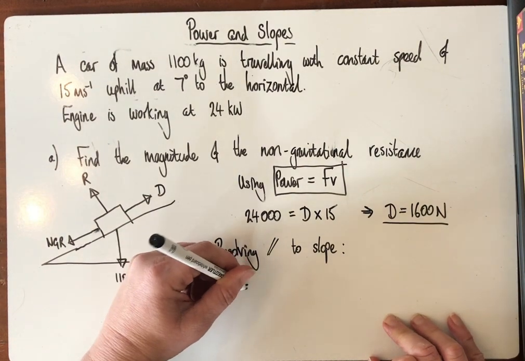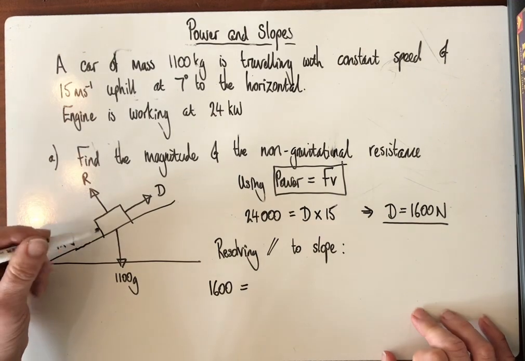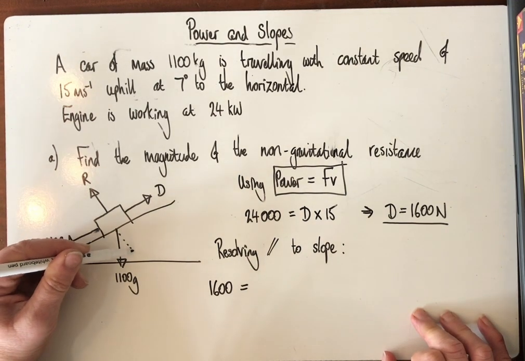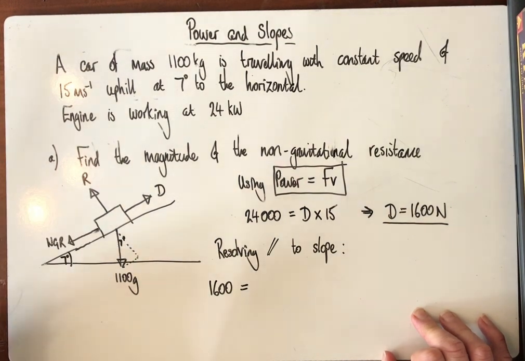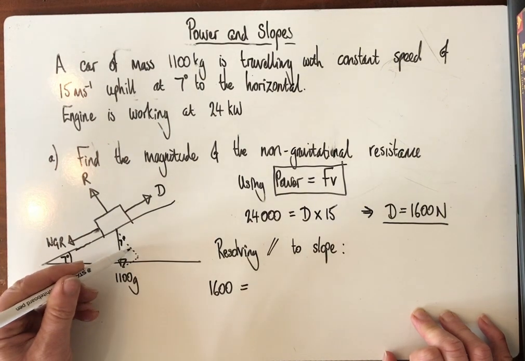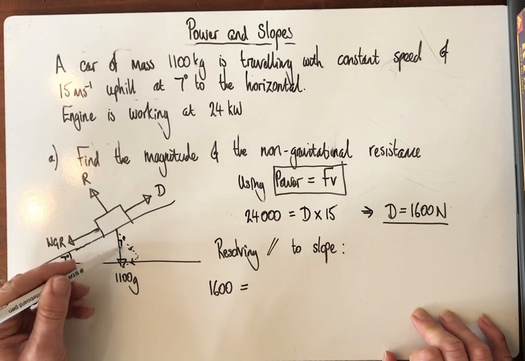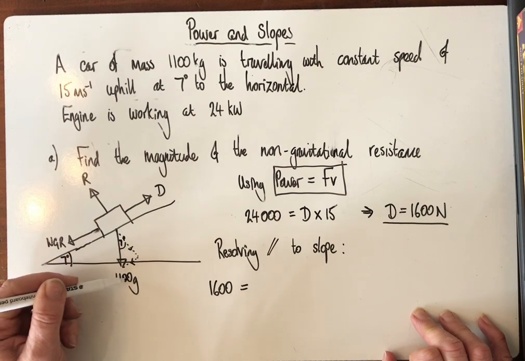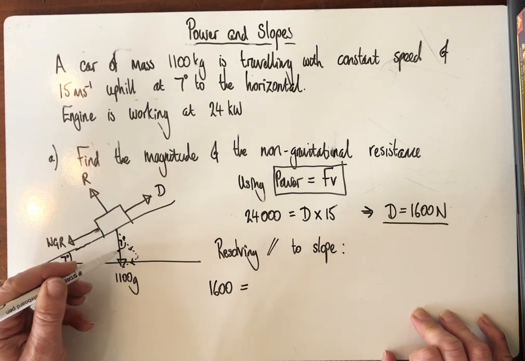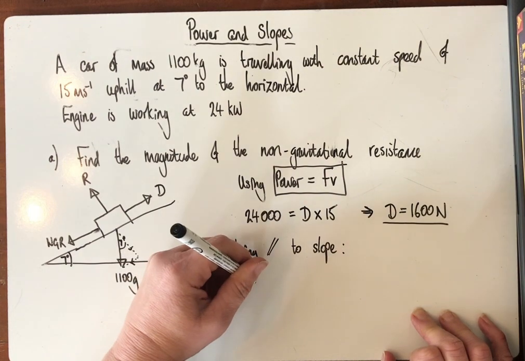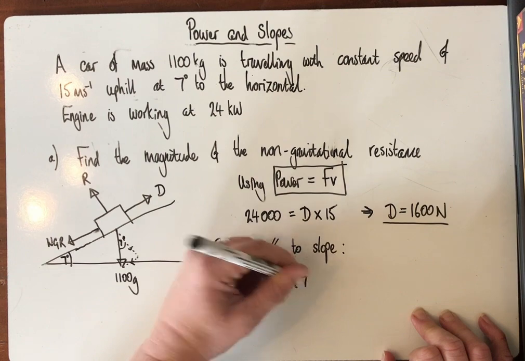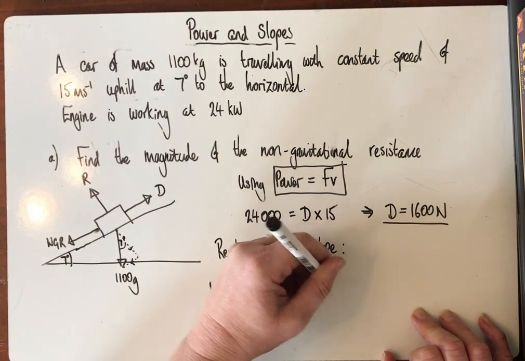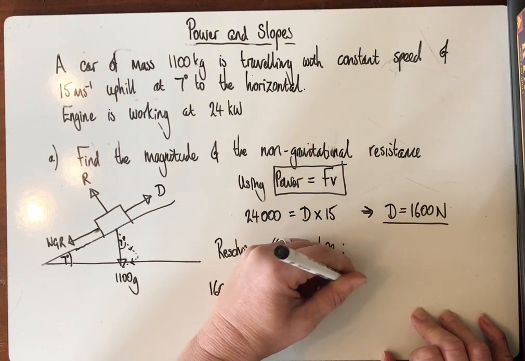Forces are in equilibrium because it's travelling with a constant speed. And then coming down here, this is 7 degrees, which makes this angle in here 7 degrees. And so this little bit here going down the slope is 1,100 g sine of 7. And then we've also got the non-gravitational resistive force.